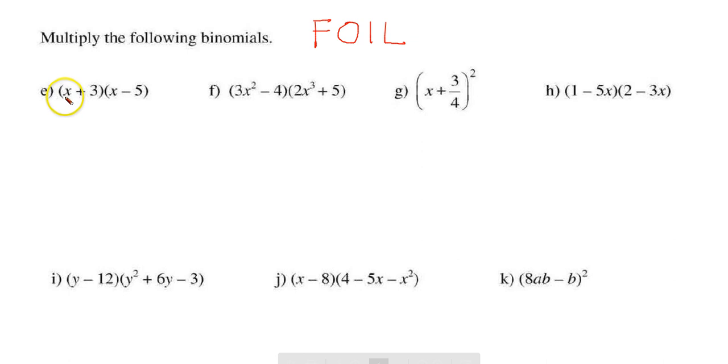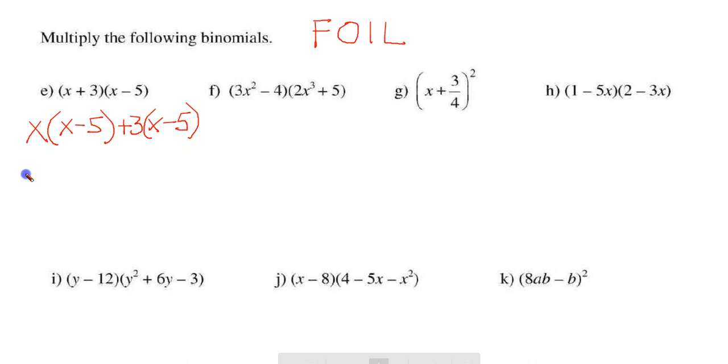And the rule is you take your first member of the first binomial and multiply it by the second. Take the second member of your first binomial and multiply it by the second. And we'll do this one here.